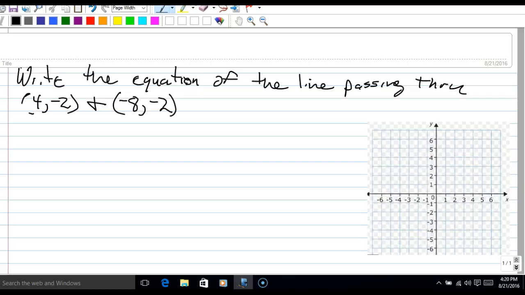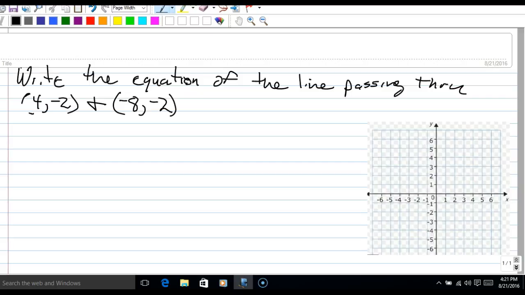In order to use the slope y-intercept, I need to know the slope and the y-intercept. Now here I don't have the slope or the y-intercept, but I do have a point through which the line passes. In fact, I have 2 points through which the line passes. So it makes sense to use the point slope because I do have a point through which the line passes. And I can find the slope given that I have 2 points on the line.